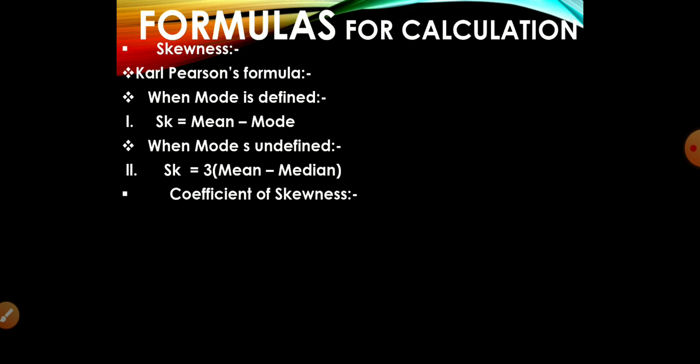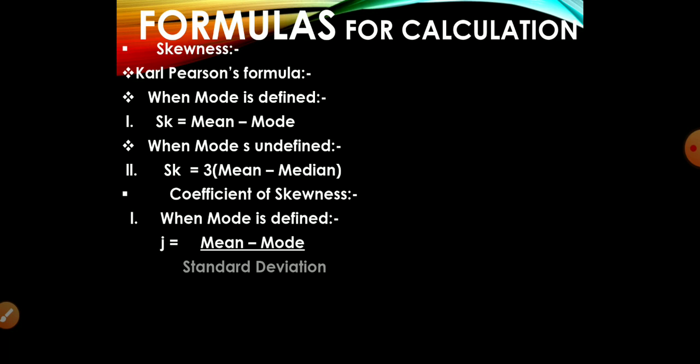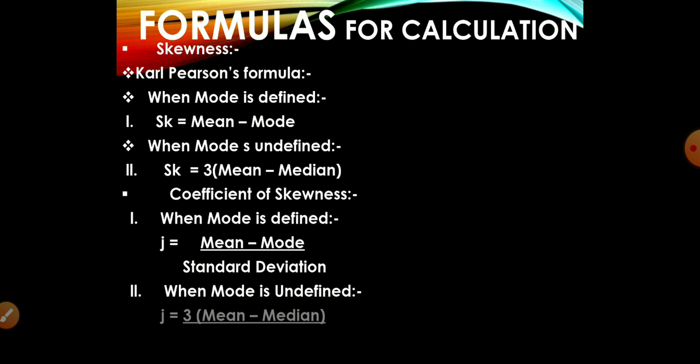Now the next step is to find the coefficient of skewness, that is J. When mode is defined, J equals mean minus mode upon standard deviation, so x bar minus Mo upon s. When mode is undefined, J equals 3 into mean minus median upon standard deviation.